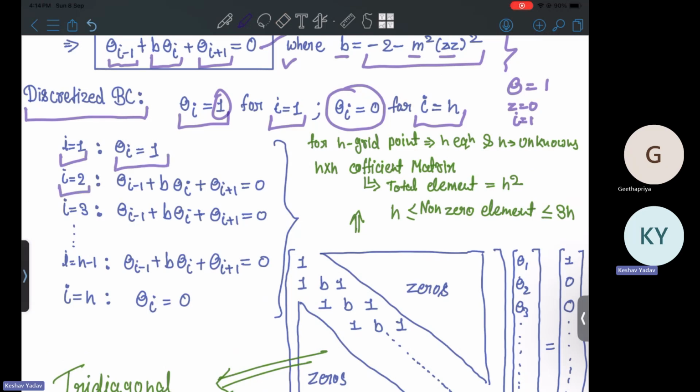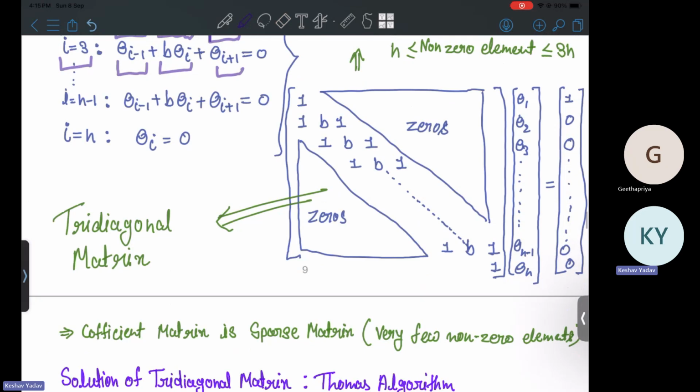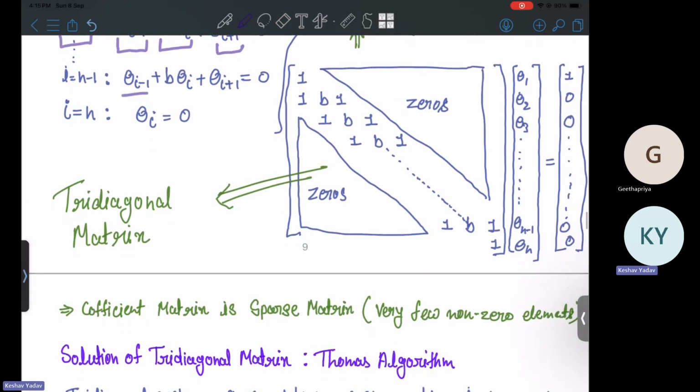For i equal to 2, we have theta(i minus 1) plus B theta(i) plus theta(i plus 1) equal to 0. Similarly, for the next i, and finally for i equal to n minus 1, we have theta(i minus 1) plus B theta(i) plus theta(i plus 1) equal to 0.